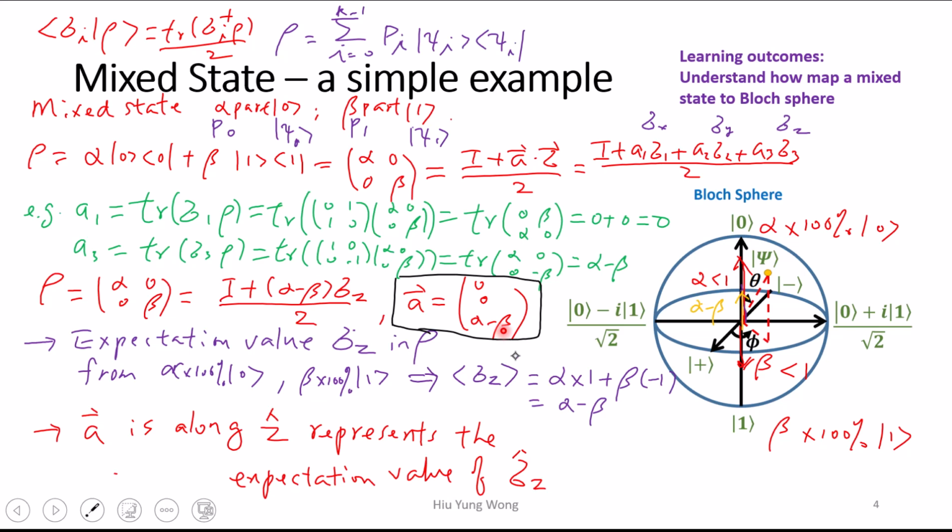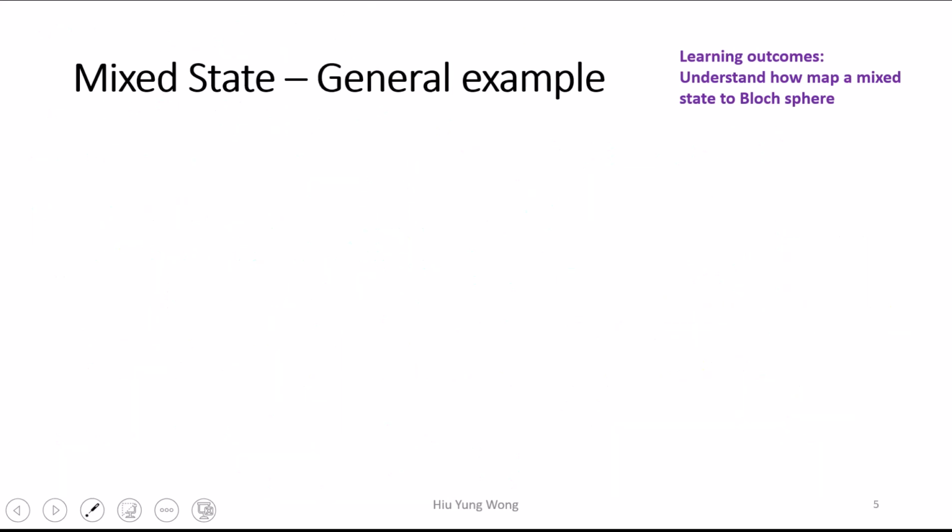But secondly, its length represents the expectation value of sigma z for this density matrix. So then we're curious: is it the same for a general mixed density state? That is what I want to discuss next.